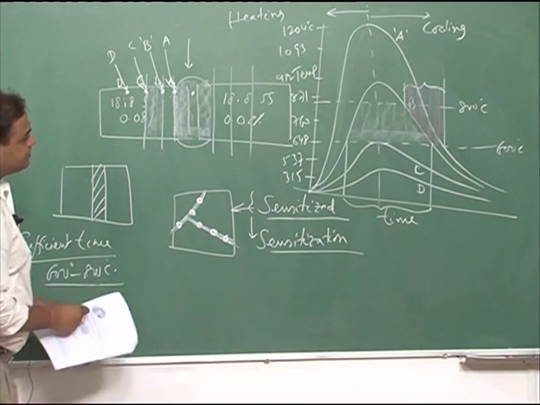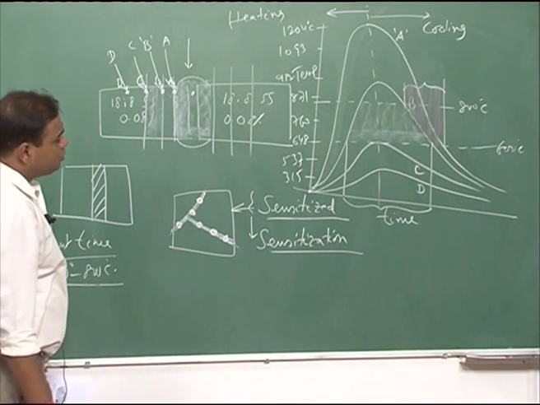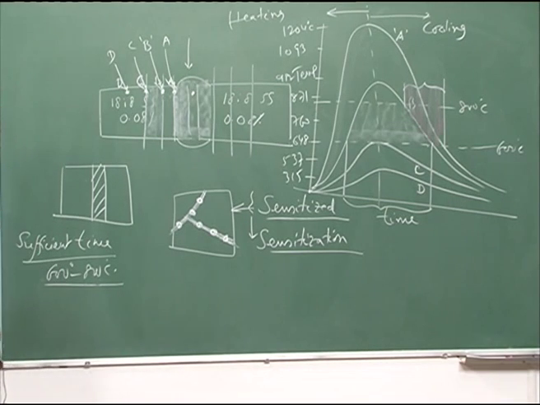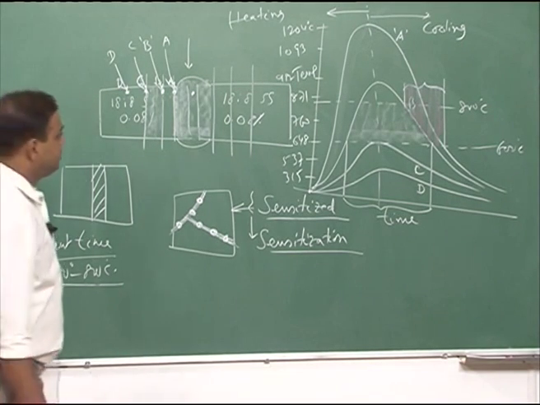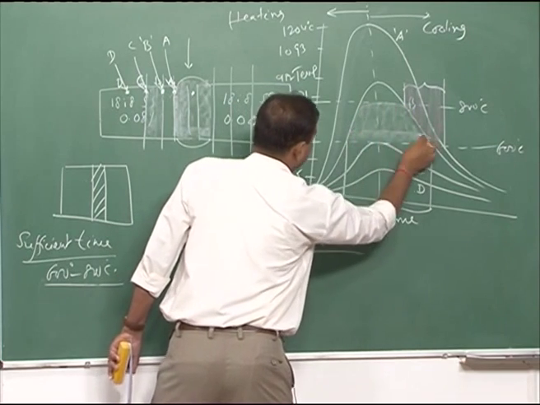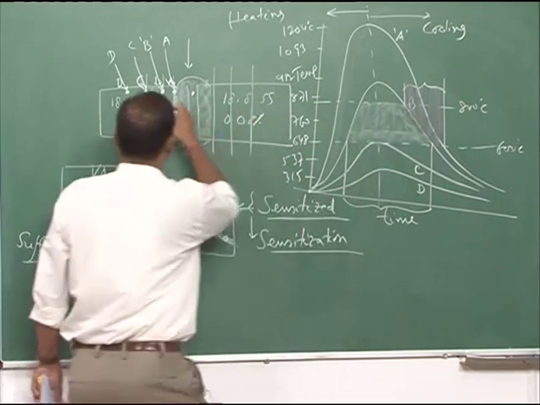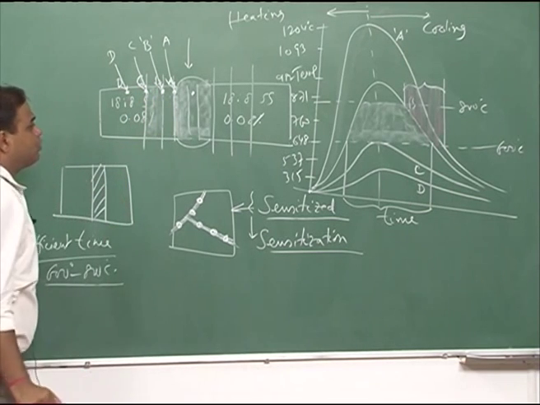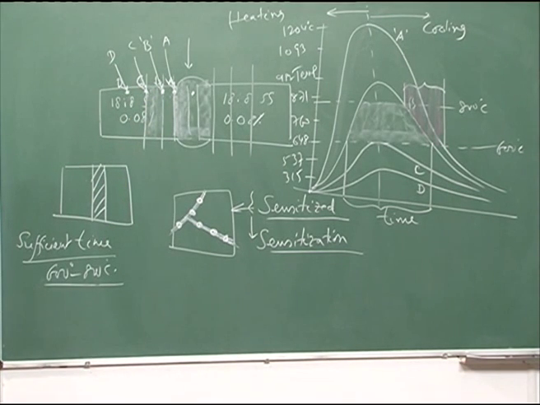So, that means we are bound to get more and more possibility of chromium carbide precipitation in the material of this zone. In this zone, we have more and more possibility of chromium carbide precipitation along the grain boundary.